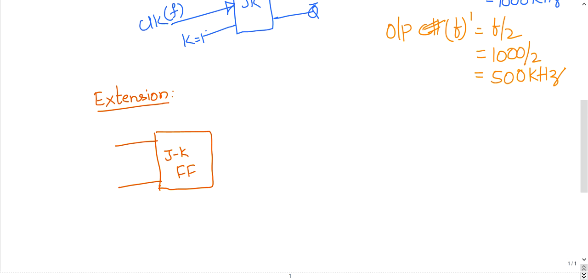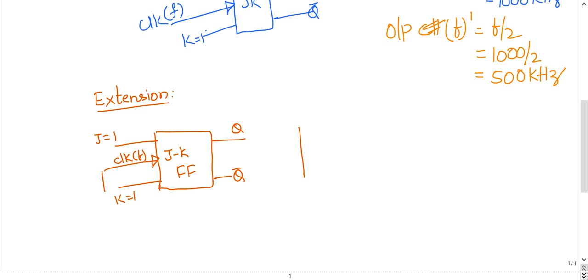Suppose this is a JK flip-flop, this is a clock whose frequency is f, and the inputs are J equal to 1 and K equal to 1. Now the output I am taking is only Q for the wanted purpose, Q bar I am neglecting.